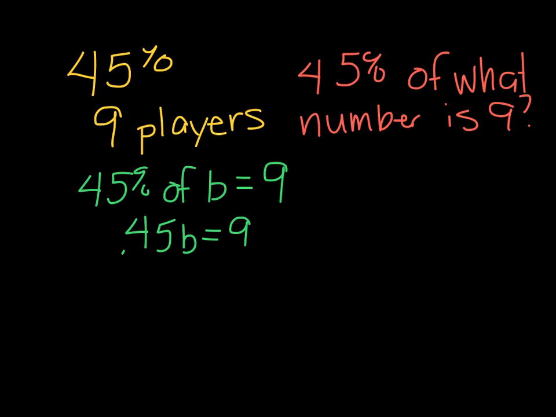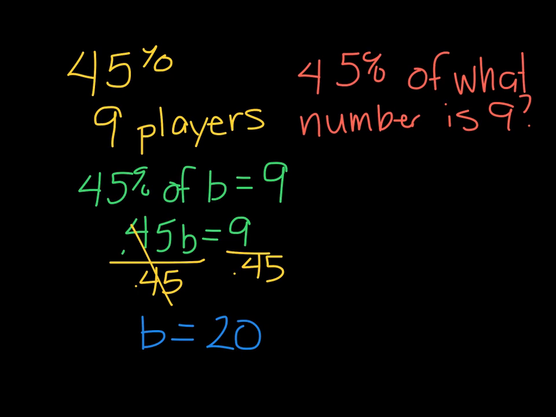Now we need to divide both sides by 0.45. So now B is all by itself, and B would equal 20. So 45% of 20 equals 9. So there's 20 people in the bowling alley.